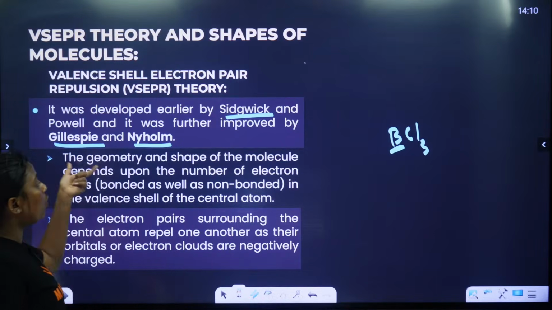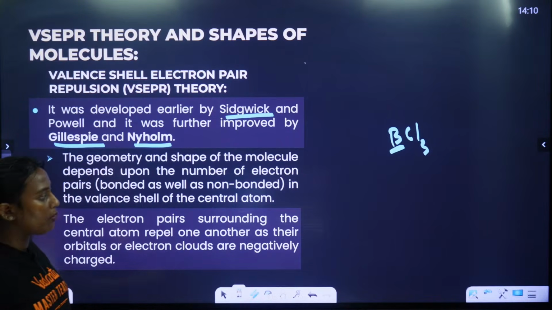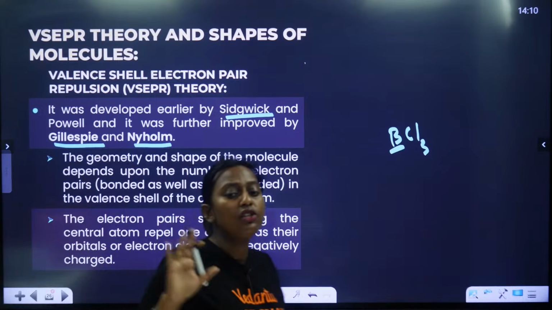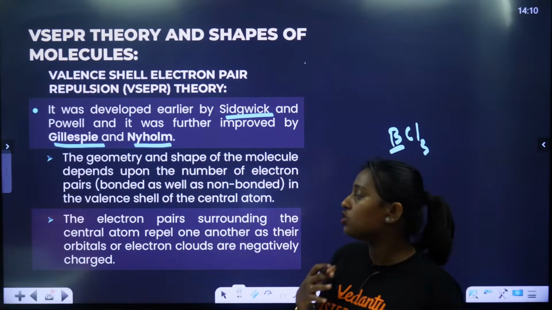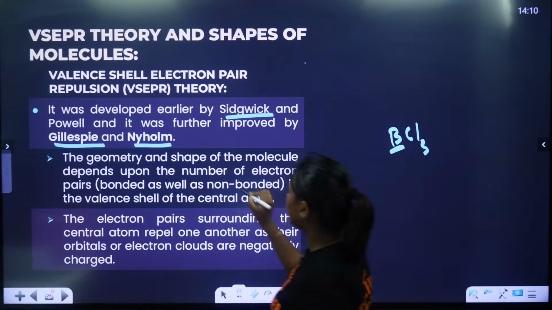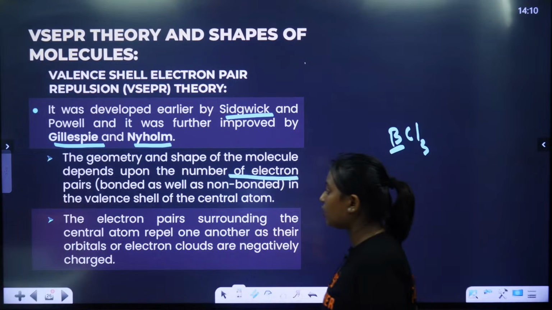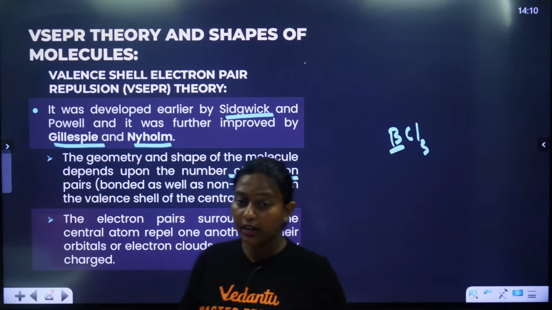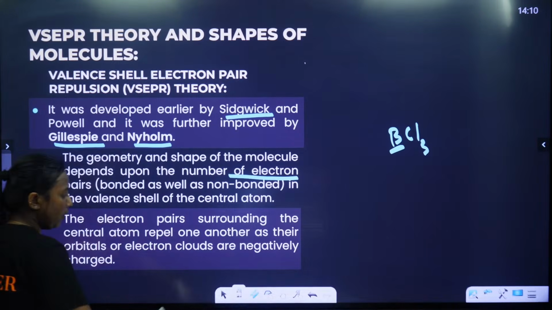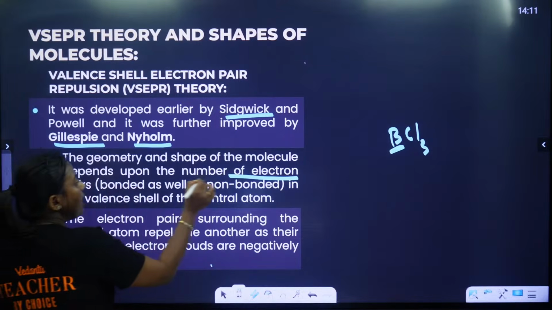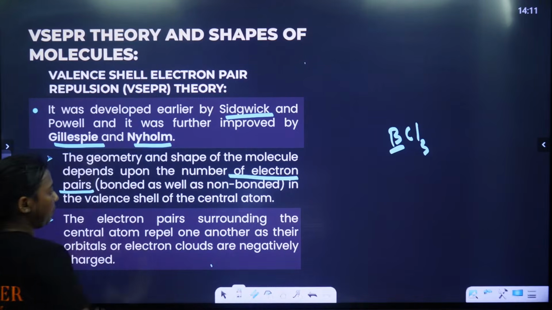The geometry and shape of a molecule: I will tell you what geometry and shape are. Geometry is different, shape is different. The geometry and shape of the molecule depend upon the number of electron pairs. We know that bonded pairs are there and unbonded pairs are there. The unbonded or non-bonded pair we call a lone pair; the bonded pair is the bond pair.